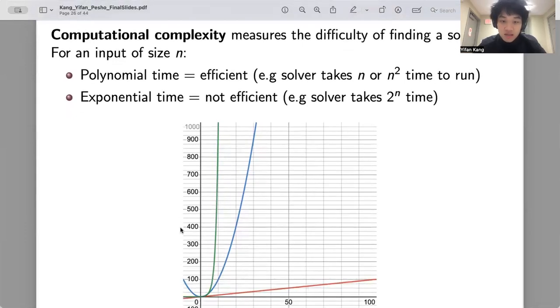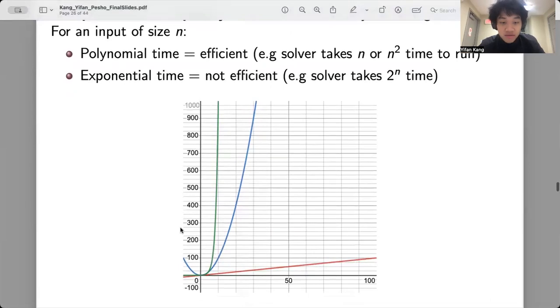For example, in this graph, the red line is linear time, and the other two are exponentials. They increase really fast, and basically you won't expect to get a solution when the input size increases to 100 or 1,000 or even bigger.